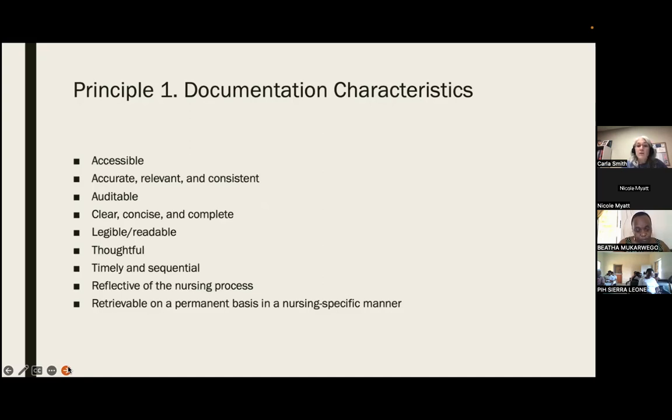The people who need to read these notes have to have access to whatever method you're using to document. It needs to be accurate, relevant, and consistent. You don't want to have large gaps or large breaks of time that are unaccounted for. Needs to be auditable, clear, concise, and complete, legible and readable.